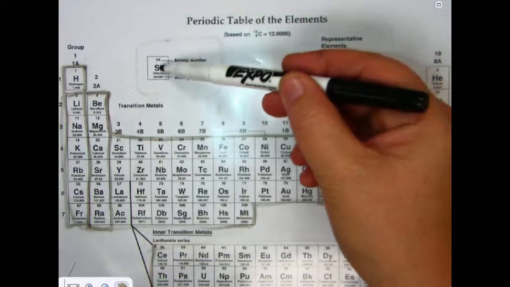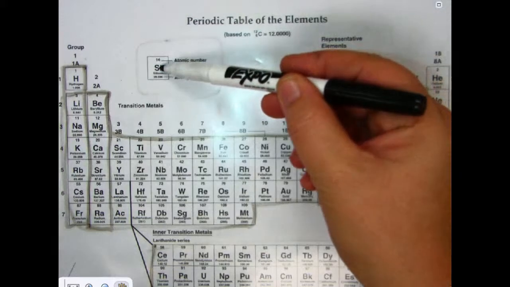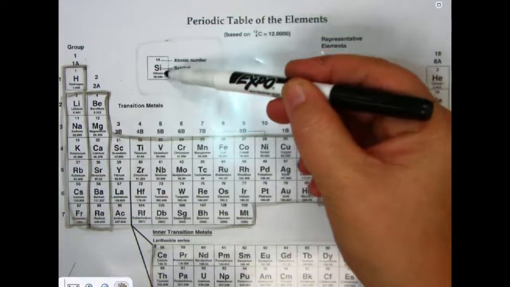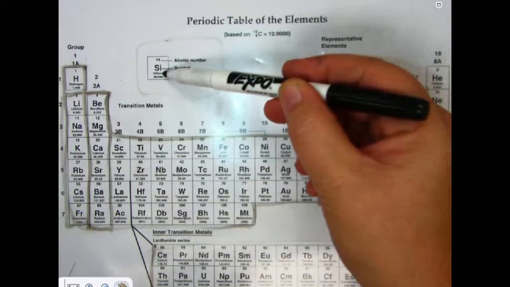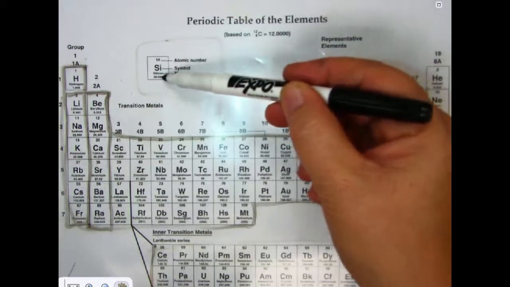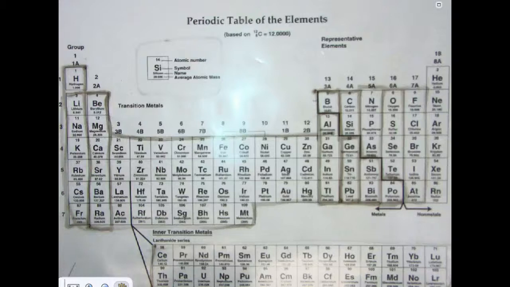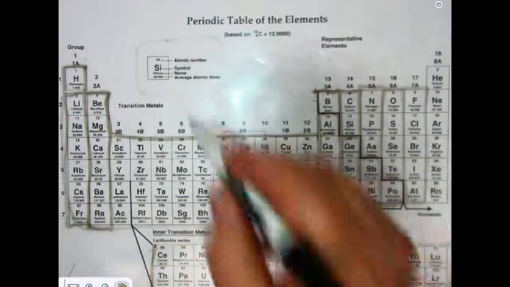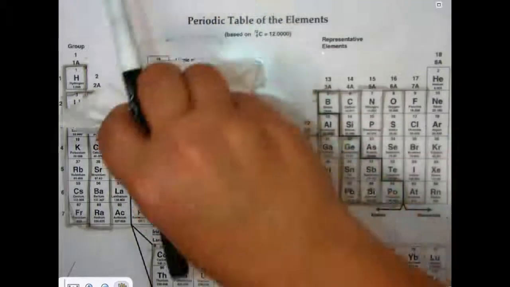The symbol is the large letters. The name of the element is printed below, and then the atomic mass is the number that is usually in decimal form. There's a few that aren't in decimal form, but that number at the bottom is the atomic mass. So the element key tells that information.